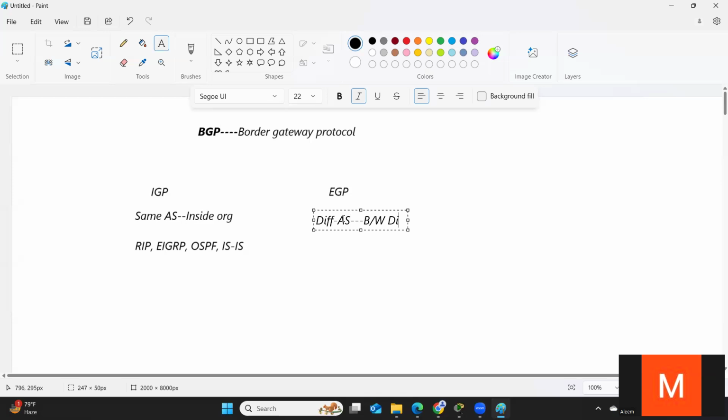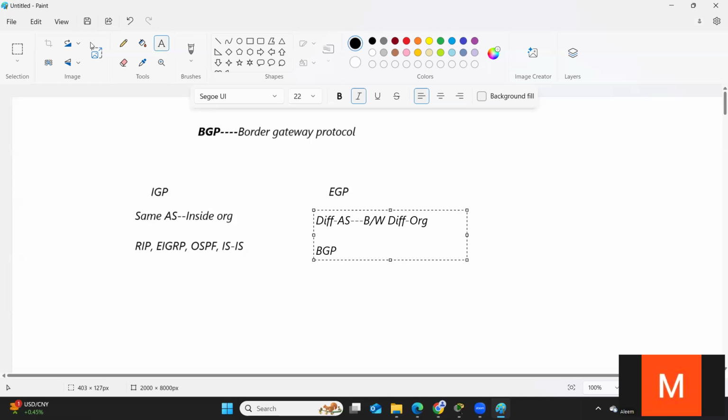Here we use the BGP protocol between organizations. For that, we have only one protocol, that is BGP, the Border Gateway Protocol.